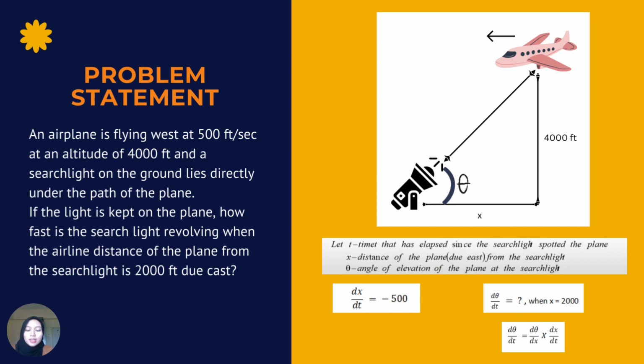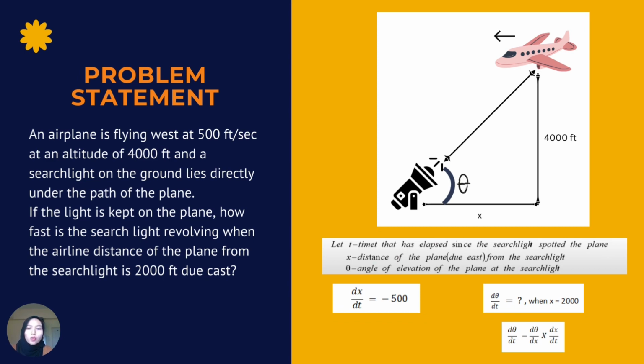So, from the question, it has given the information that dx over dt is 500. But we all know that the airplane will fly to the west. That means the airplane will go to the left of us. So, the 500 feet per second is going to be negative 500. Then it said, how fast is the searchlight revolving when the airline distance of the plane from the searchlight is 2,000 feet due east?